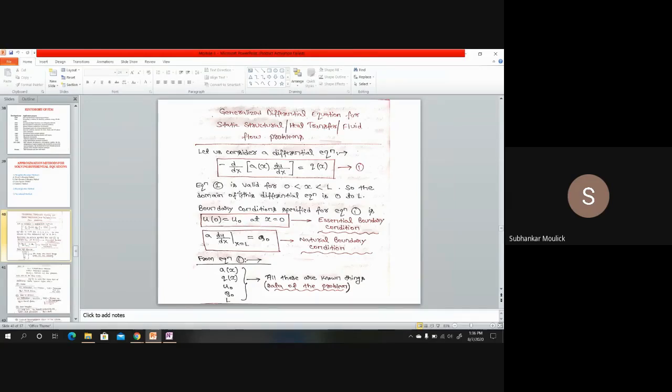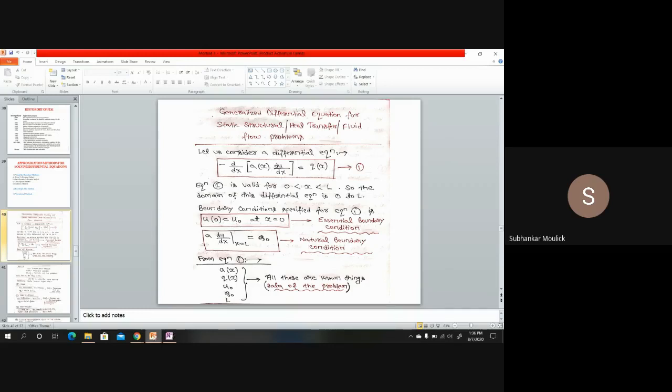So the essential boundary condition is that the value of this displacement will be equal to u naught when x is 0. U of 0 is equal to u naught. The bracket is nothing but the value of x. That means when x is equal to 0, displacement will be equal to u naught.